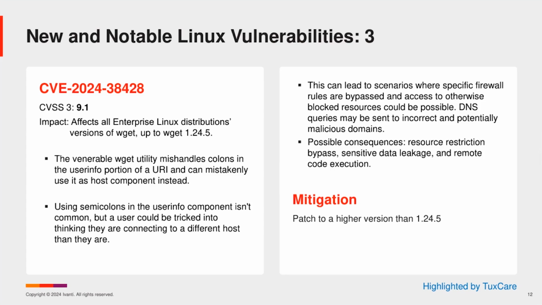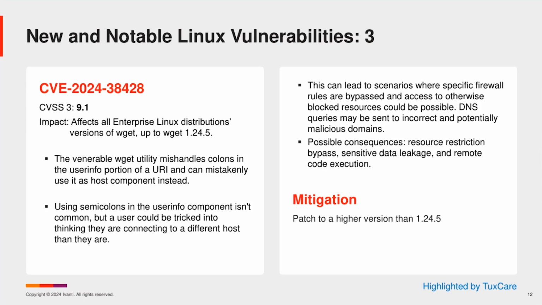The vulnerability in wget mishandles colons in the user info portion of the URI and could mistakenly use it as a host component instead. So it seems like a type confusion vulnerability there. This can lead to scenarios where specific firewall rules are bypassed and access to otherwise blocked resources could be possible.